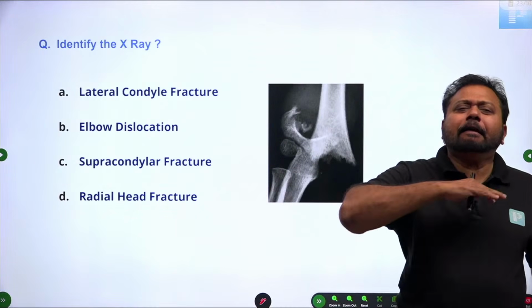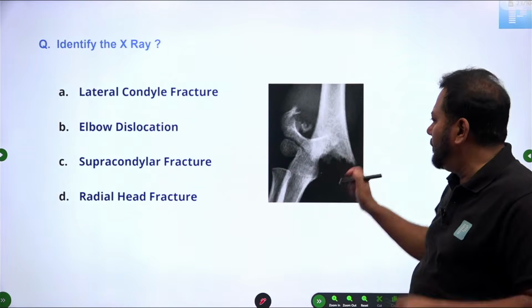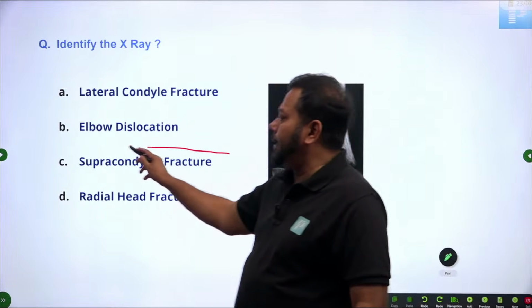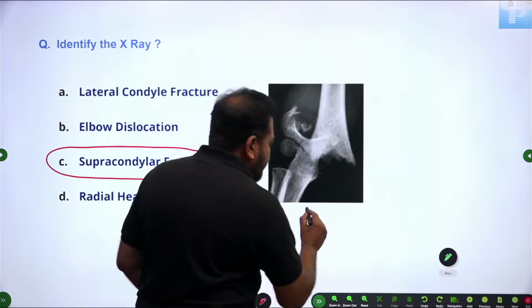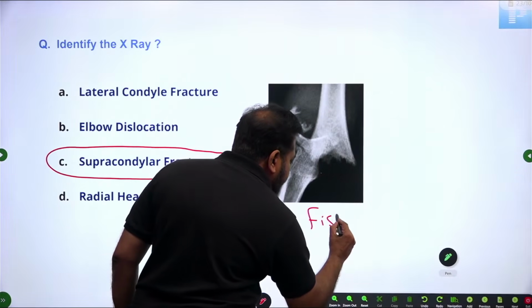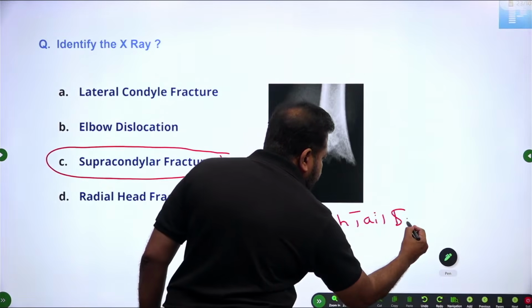Neha Singh, excellent. All of you have given the right answer. Superb. And this is the classical X-ray of a supracondylar fracture, and this sign is called the fishtail sign.